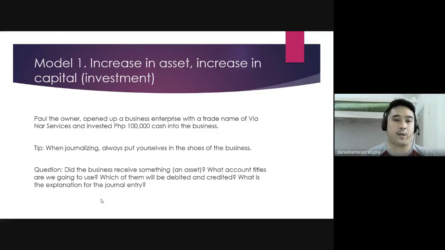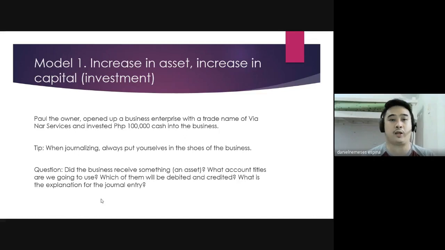Ideally we should be more specific as to what type of cash. If you received it in your store, that's actually cash on hand. But if you deposited it in the bank, or the customers paid directly to the bank, it is recorded as cash in bank. But if you don't have a separate cash in bank, you can just use Cash as the account title.